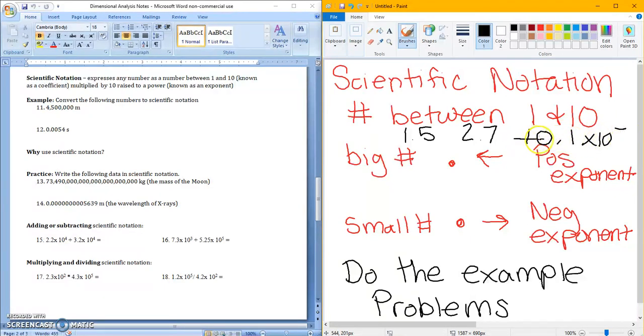Okay? Never, never, never, never, never. The first number always needs to be between 1 and 10. Remember, big numbers, or whenever you move your decimal place to the left, have a positive exponent. Small numbers, or whenever you move the decimal place to the right, is a negative exponent. Go ahead and try the example problems.